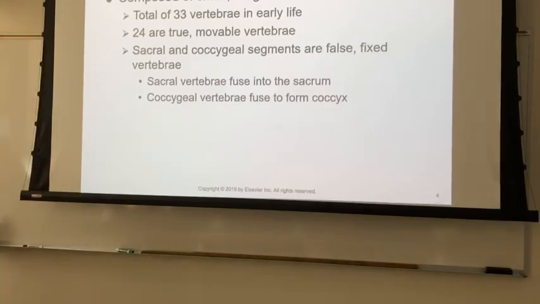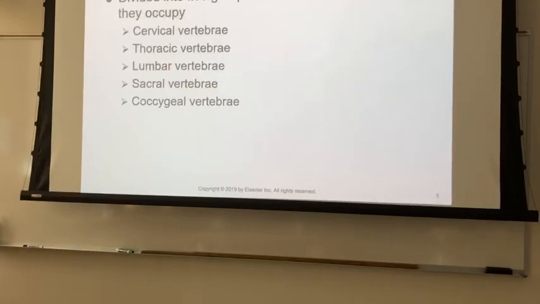The coccyx is going to vary from person to person. You may have anywhere from 3 to 5 coccyx segments. So they're composed of small irregular bones. Those are your vertebrae. There's 33 in early life, 24 being true, and then the rest are fused into 2 specific segments, being the coccyx and the sacral segments.